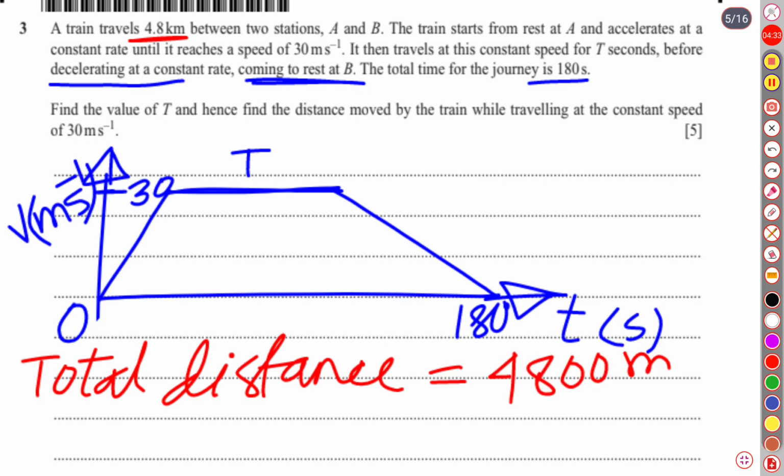And we know total distance is equal to the area traveled by the train.